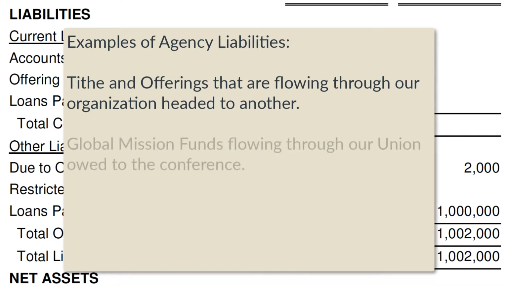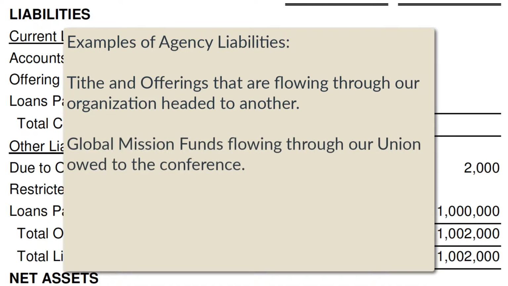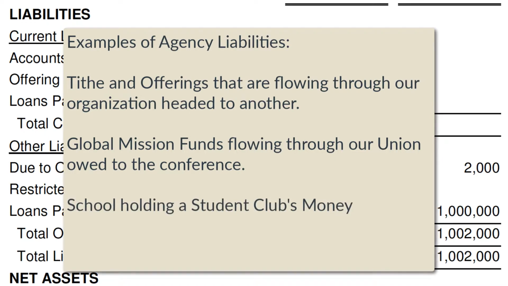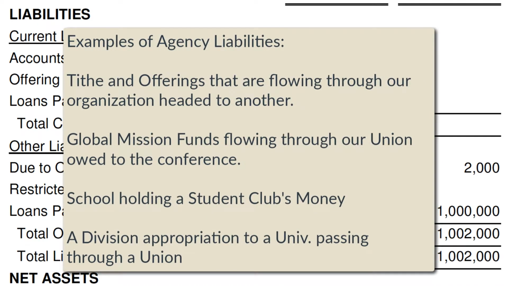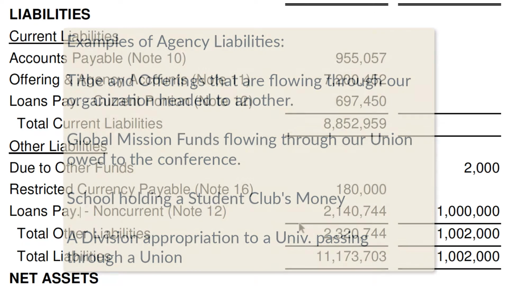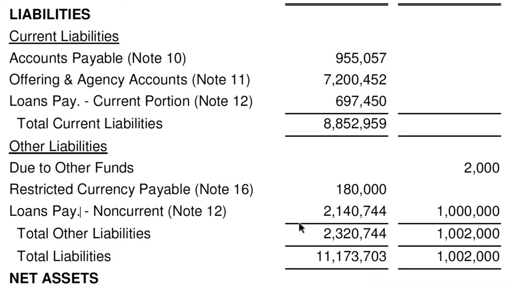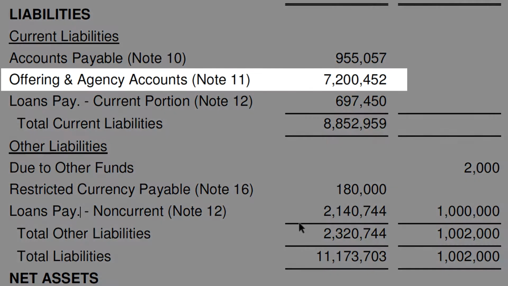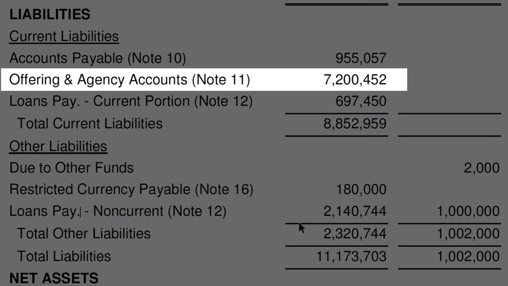Then there are global mission funds flowing through our union for a conference project, or a school holding a students' club's money, or a division appropriation for a university flowing through a union. All of those are agency relationships, and they have a different level of trust than a simple debt. I hope you see the difference. They are all liabilities that result from people trusting us.